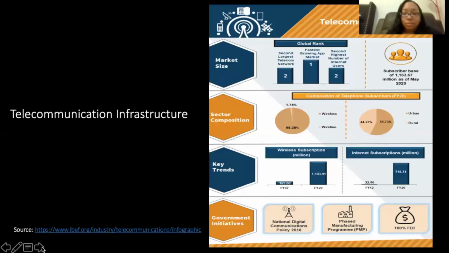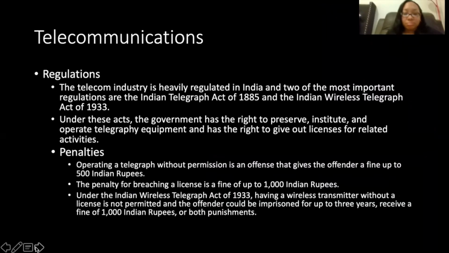The telecommunication regulations in India have two important regulations that guide their telegraphy rules.